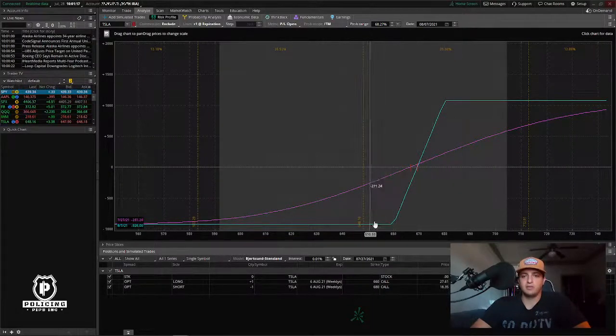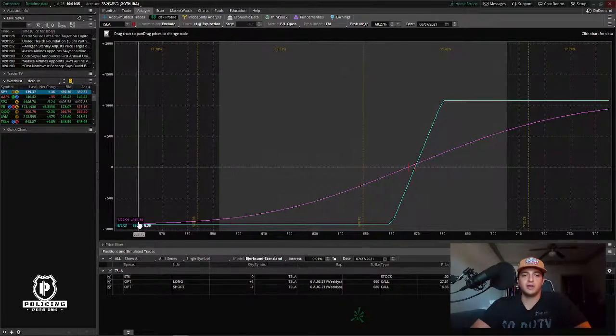And if it's down below here, this is how much you're going to lose. So this is your risk to reward profile. If you look on the bottom left, the blue line is the expiration date, and the pink line is today. So if today the price got to this point, the pink line is where your P&L would be at these certain price points.